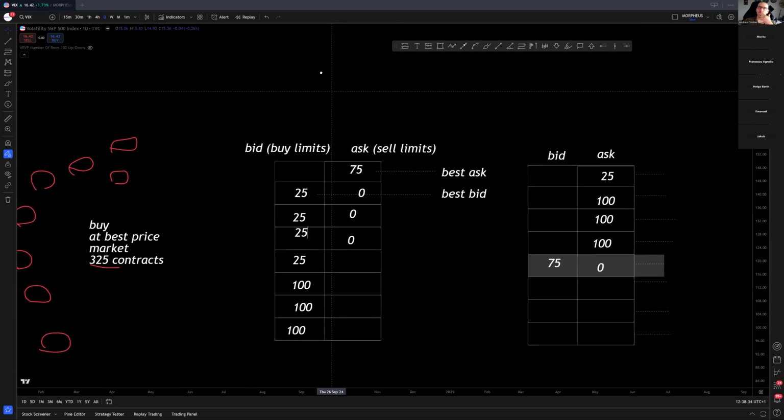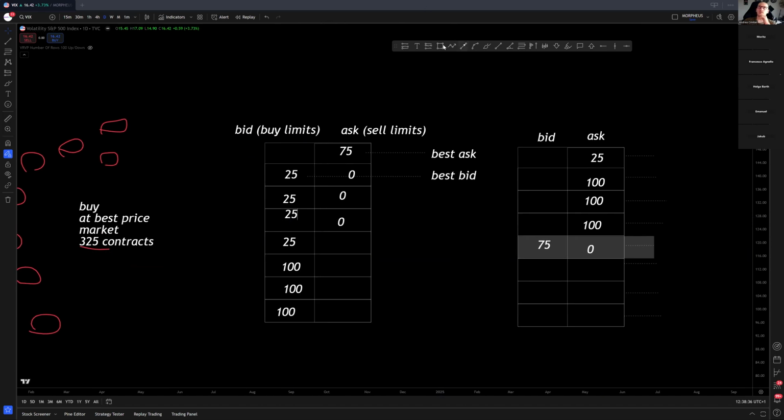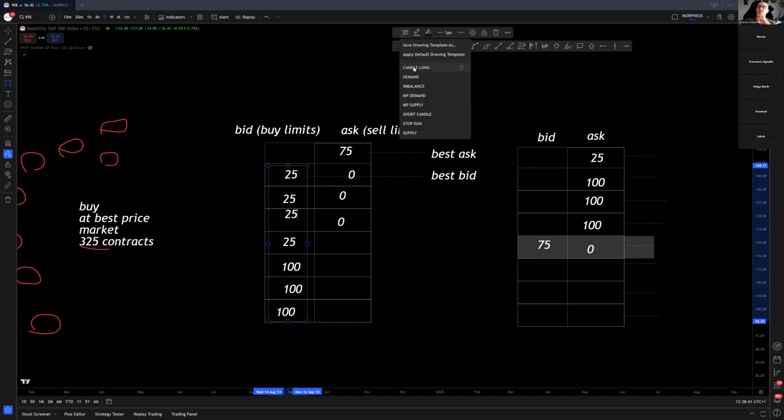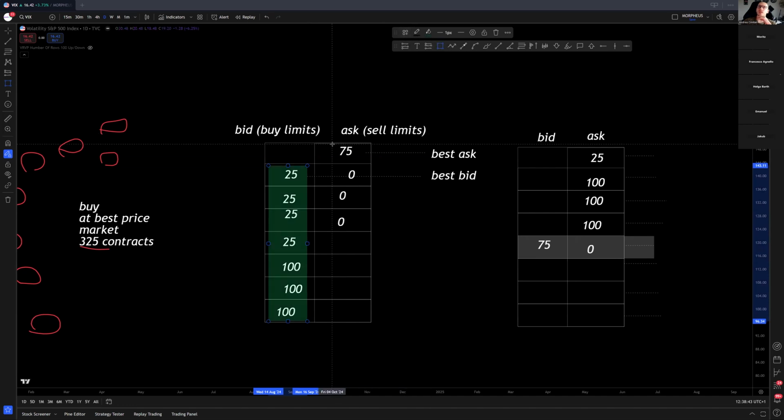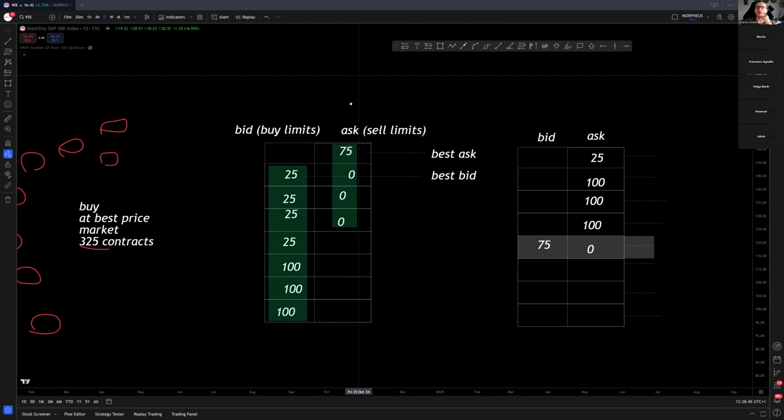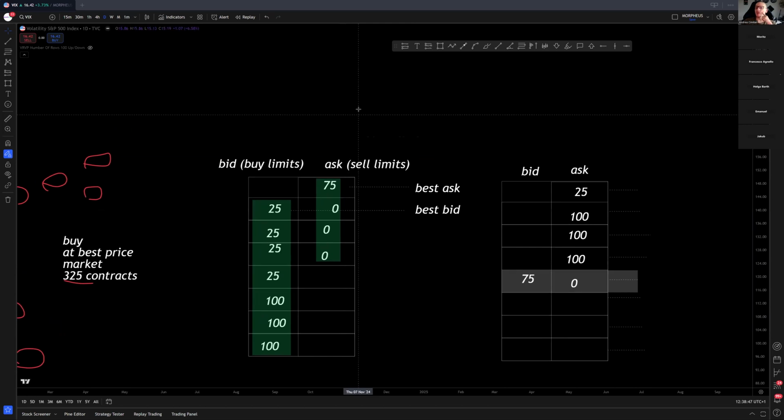So what actually happens is the people that are placing orders here and here, there are some people who are professionally placing orders there. And this is the market maker business model.